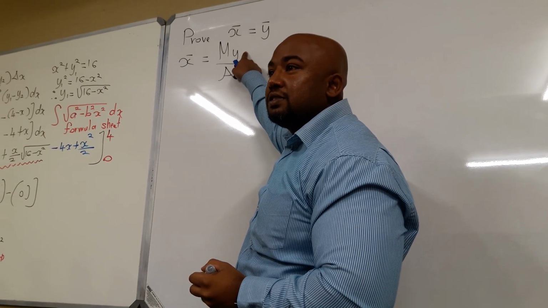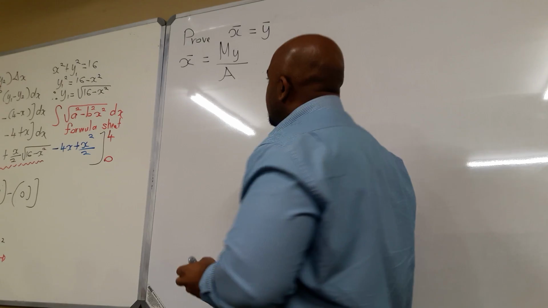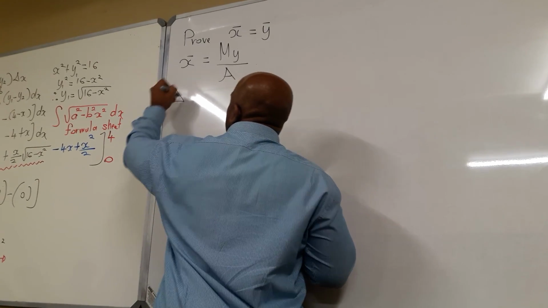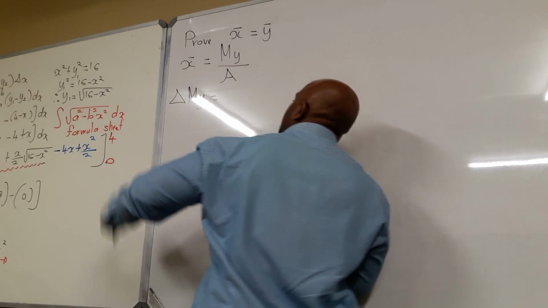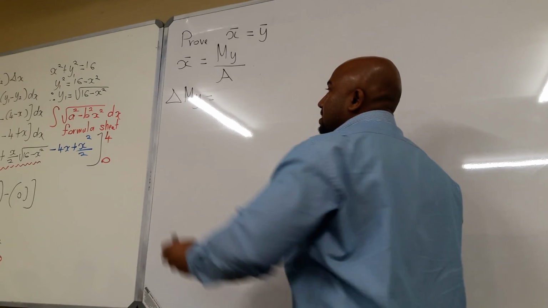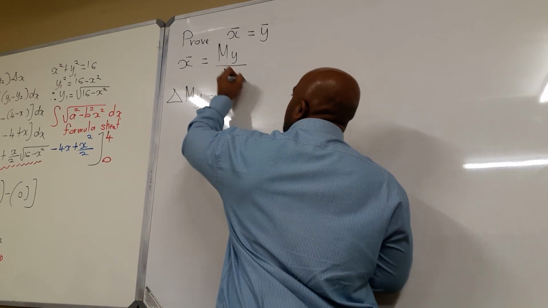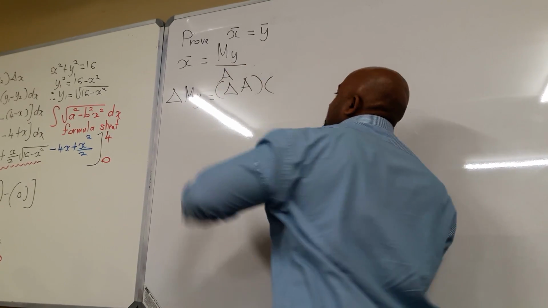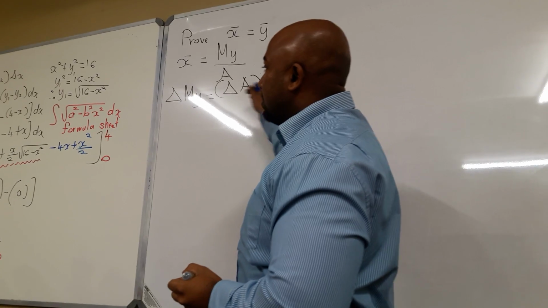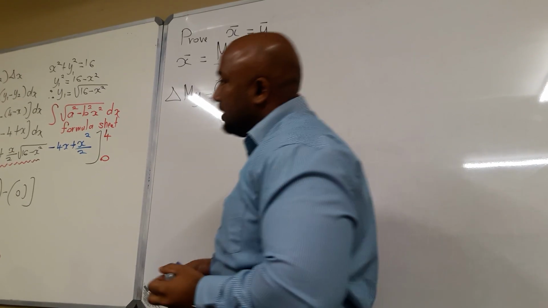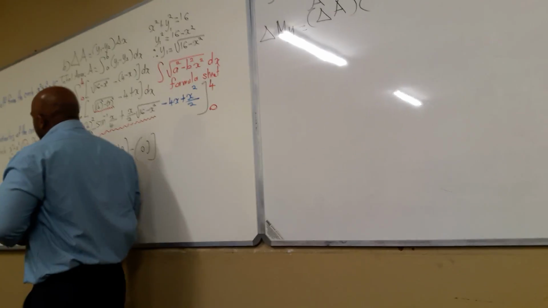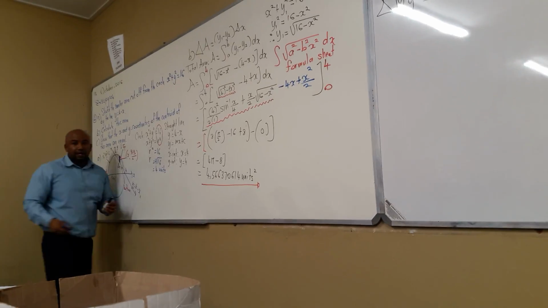We need to work out the moment about the y-axis. So delta My, the moment about the y-axis is equal to area, which is delta A, times the distance of the coordinate of the centroid from the y-axis. So let's go there. What is the distance from the y-axis?